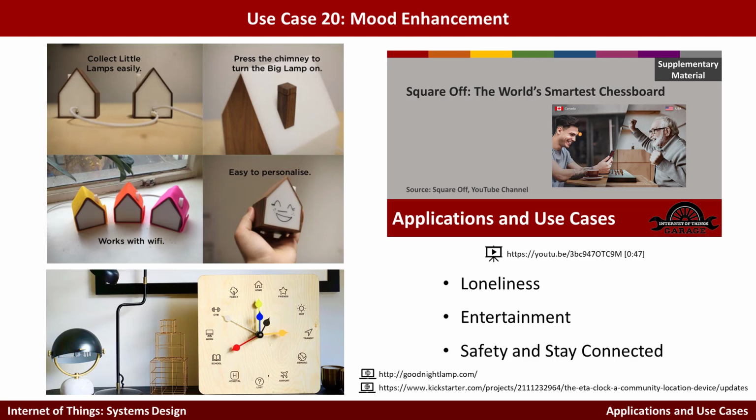The clock face is divided into different common places, like libraries, schools, hospitals, airports, and so on, or a gym. There is a mobile app that will track the location of these individuals, the kids or children.